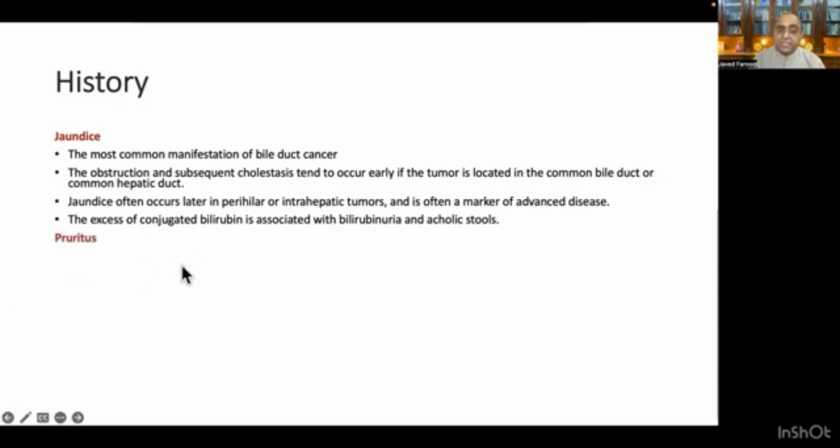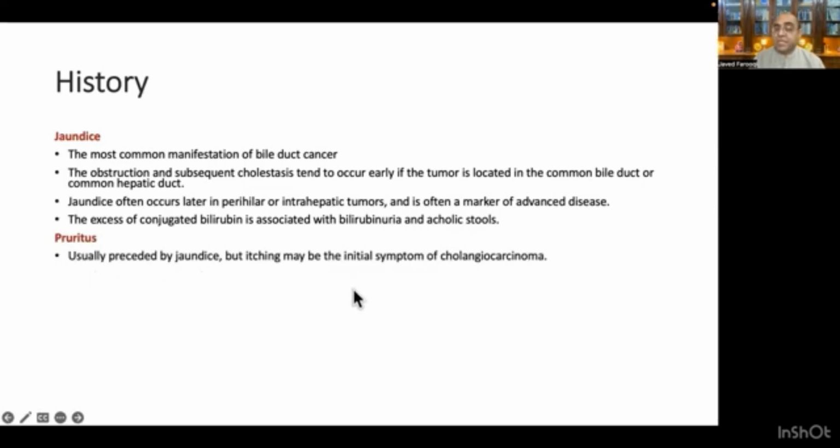Coming to another symptom, the pruritus. It is usually preceded by jaundice, but itching may be the initial symptom of cholangiocarcinoma. Pruritus may be related to the circulating bile acids. Another symptom is weight loss.